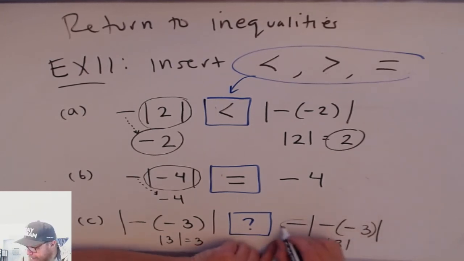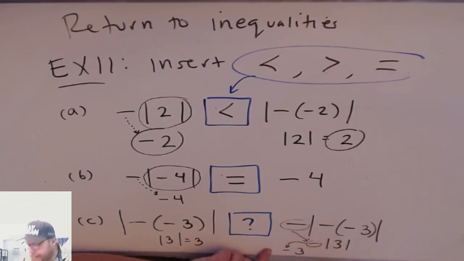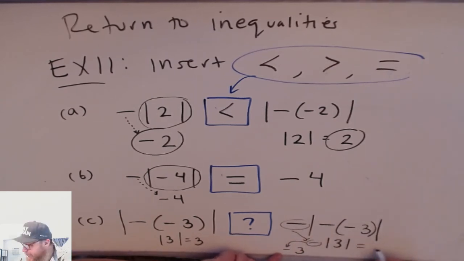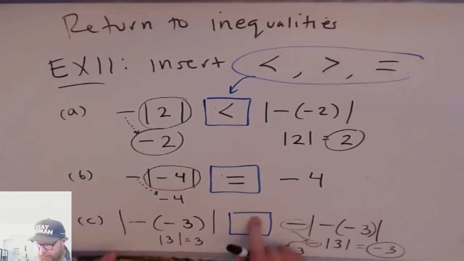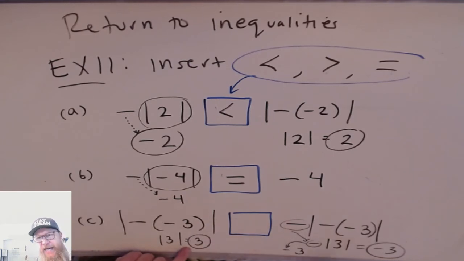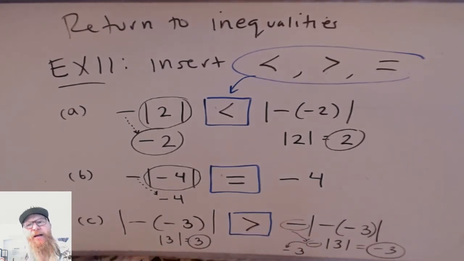Then you bring down the outside negative. The absolute value of 3 is 3, but you bring down the negative, so this one equals negative 3. So which one's larger? 3 is larger than negative 3, so the inequality goes that direction.